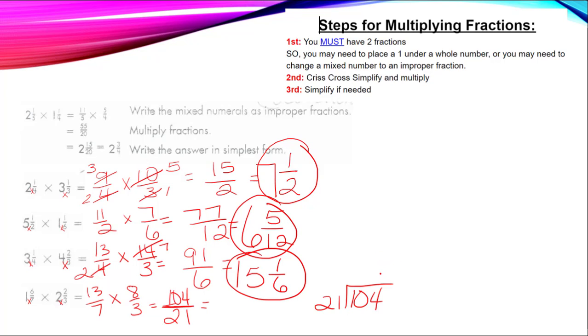How many times? 4 times. Multiply. 4 times 21, 84. Don't forget the 4 has to go over this 4. Subtract. Bring down. Nothing to bring down. So I have 4 wholes and 20 over 21.